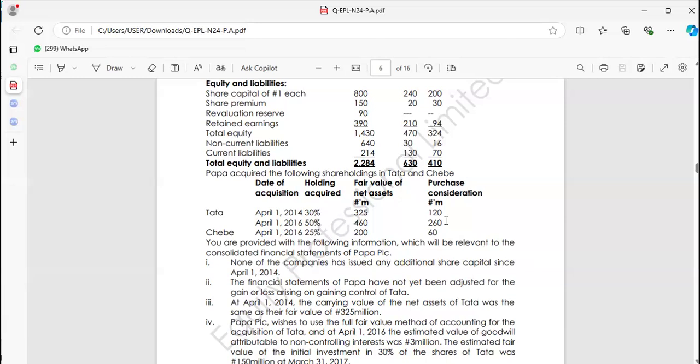What is the fair value of this 50% and the 30% which you acquired on 1st April 2014, in 2016 when you have control? How much have you paid to have control? 260. The question will not tell me, not as issued share capital.